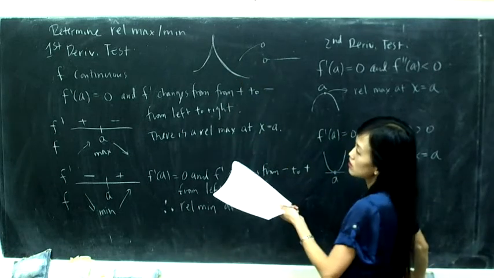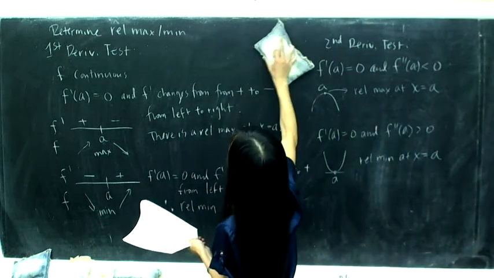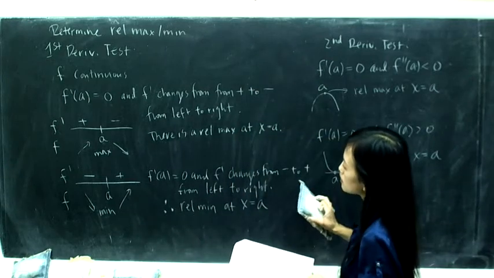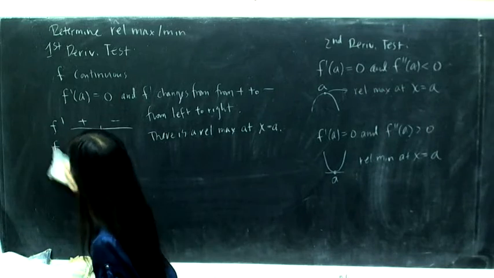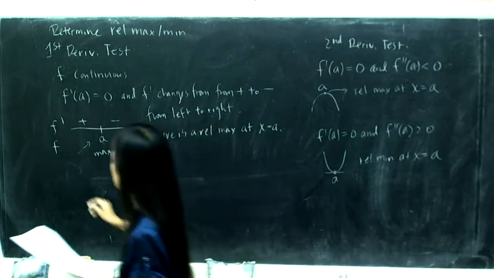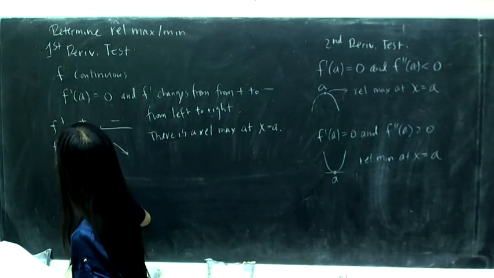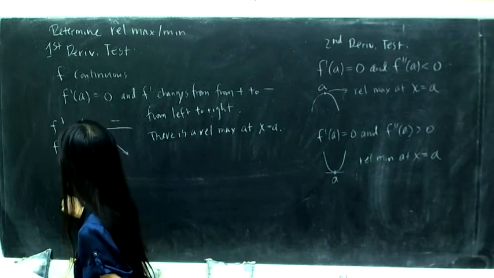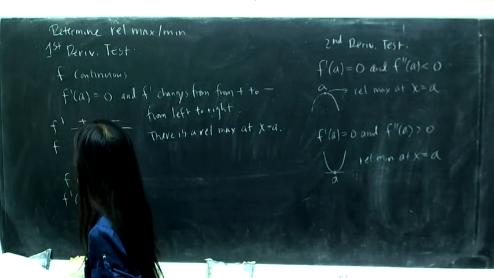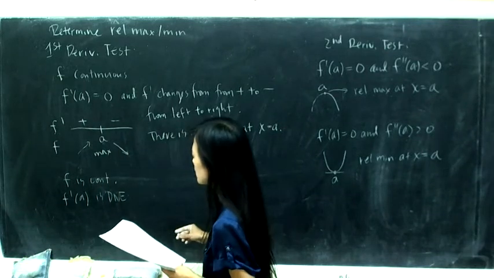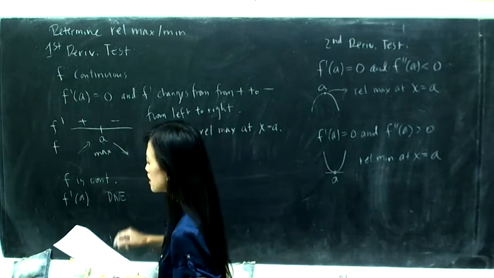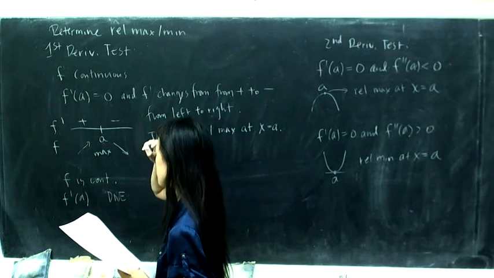So the slope could be D and E, and then we could actually have relative maximums and minimums. So for the first derivative test, you could say if f is continuous, and you have f prime at a is D and E, right? Doesn't exist.